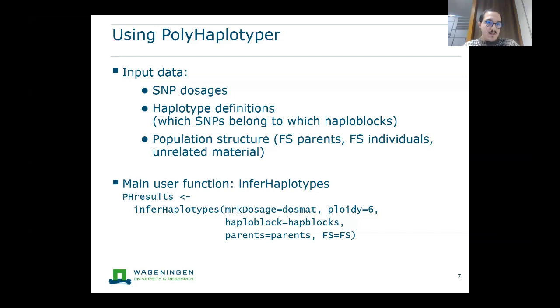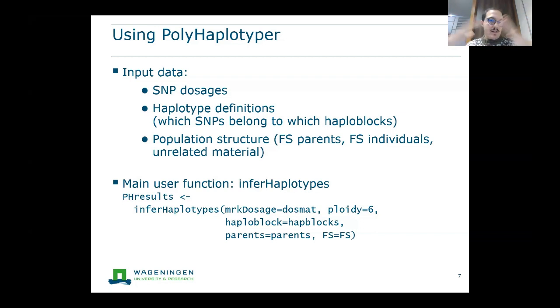So the input data that you will need for using polyhaplotyper are SNP dosages, for example from a microarray or any other type of SNP marker. And you have to define some haploblocks. So basically give a list of which specific SNPs will belong to a haploblock called whatever name you want.